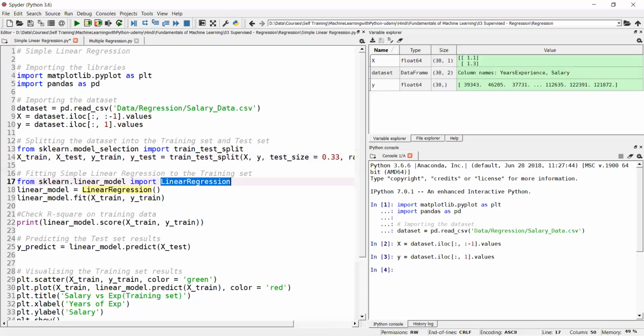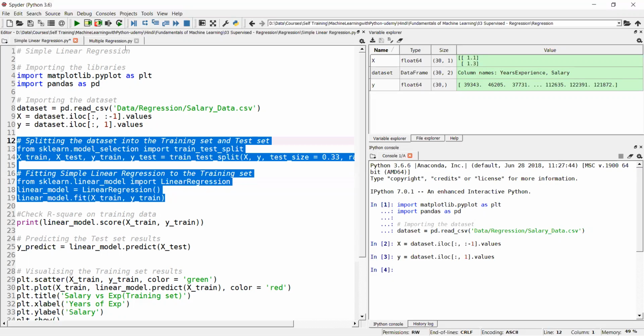So we created an object of this algorithm, linear regression. And then we fit our data, X train and Y train. This is nothing but training the model, on line number 19. Okay, so let's execute till this point.